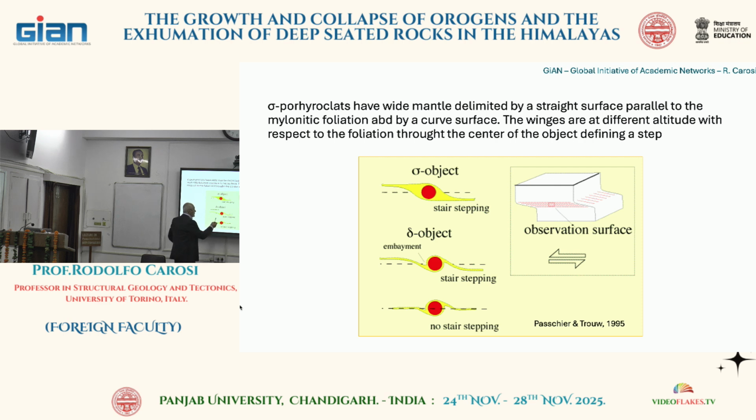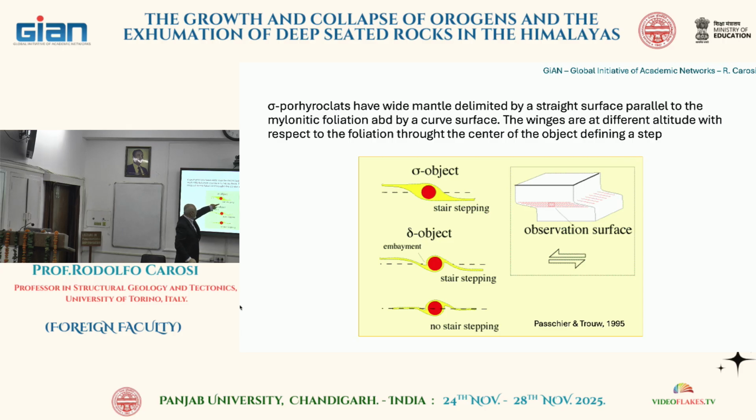And in this case, the mantle is very thick, a huge amount of material from the porphyroclast to the mantle. In the delta object, the situation is different. You can start from the lower part, then the mantle is very thin, it crosses the median line and reaches the upper part, then it moves to the lower part, crosses the median line, and moves in this direction. And these are connected to the sinistral rotation of the porphyroclast.